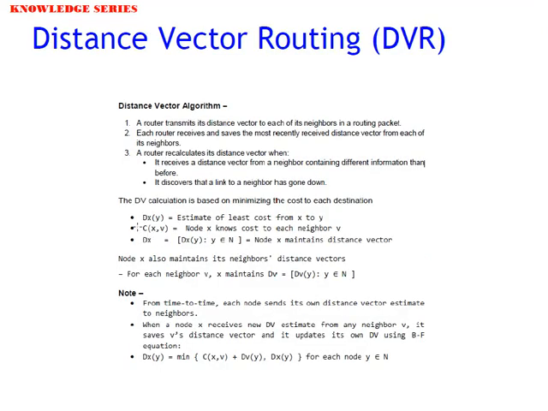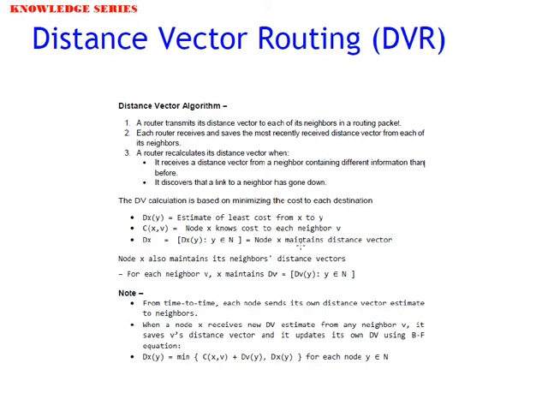So here dx(y) means the estimate of the least cost from x to y, that is the distance, and c(x,v) is the cost to the neighbor v. The node x knows the cost of each neighbor.